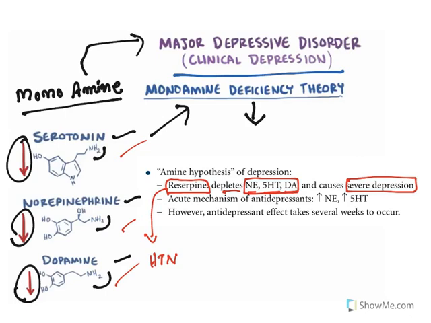So the acute mechanism of antidepressants is increasing the levels of norepinephrine and serotonin, and these drugs are treating depression. But remember, the antidepressant effect takes at least several weeks to appear. So the basic job of an antidepressant drug is to increase the levels of these monoamines.